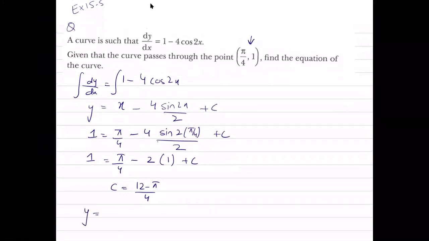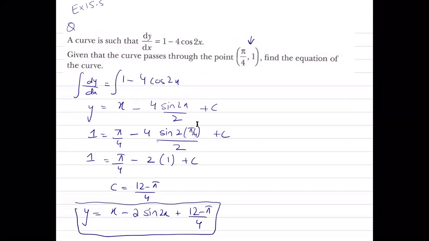So the equation is y equals x minus 2 sine 2x plus 12 minus pi by 4. Is this correct? Yes, sir. Should I move on? Yes, sir. You can move on.